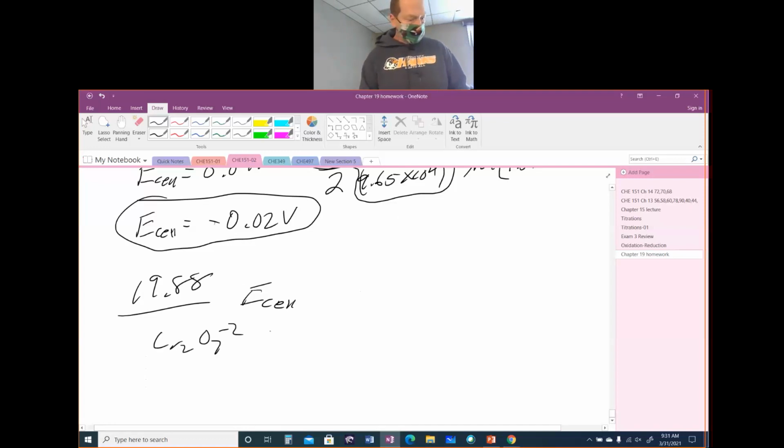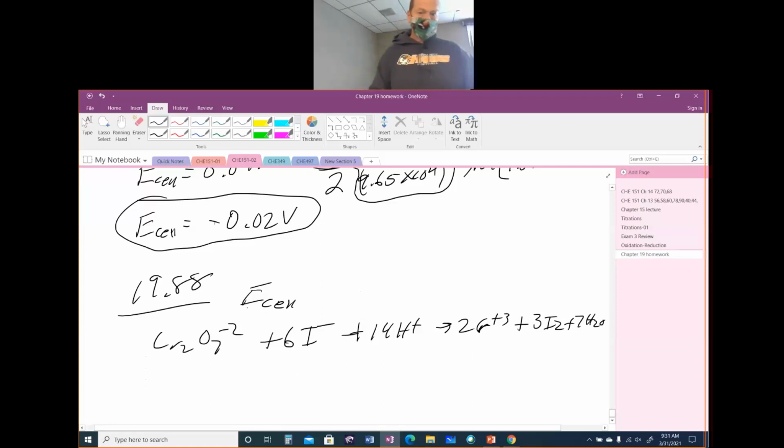Cr2O7 2- plus 6I- plus 14H+ yields 2Cr3+ plus 3I2 plus 7H2O. All right, so we're looking for the E cell of that, and they give us our concentrations.